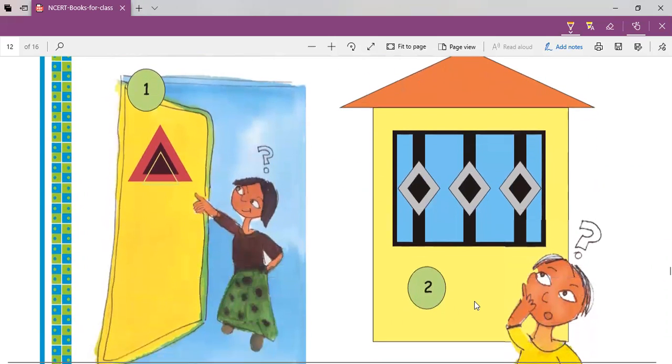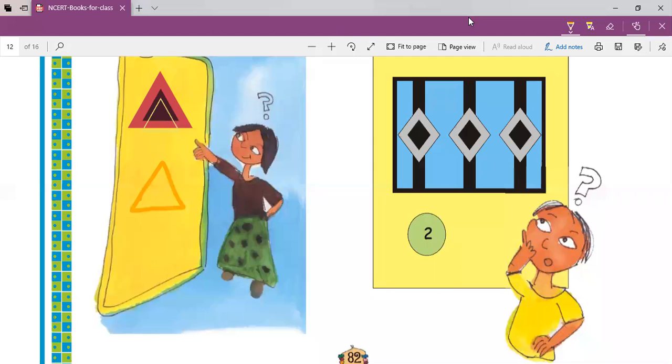Turn this shape. See, this is a triangle. If I give a 1/4 turn to this triangle, when we turn it, it will look the same.